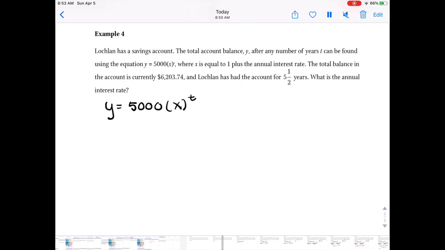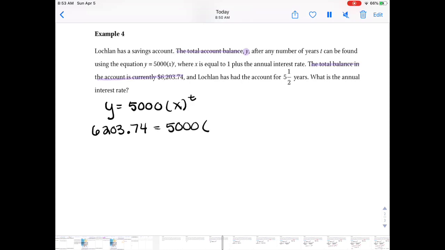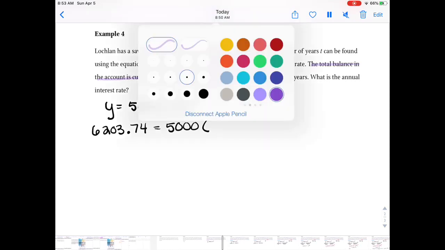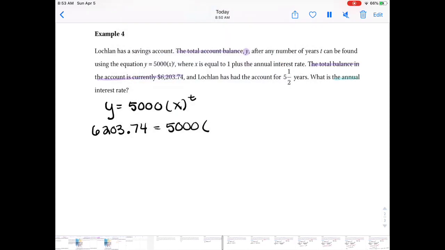So if I look back in the problem, y is the total account balance, and they told me that it currently was $6,203.74. So we're going to plug that in for y. Equals 5,000 times, we don't know the annual interest rate, so we're going to just leave that as x.